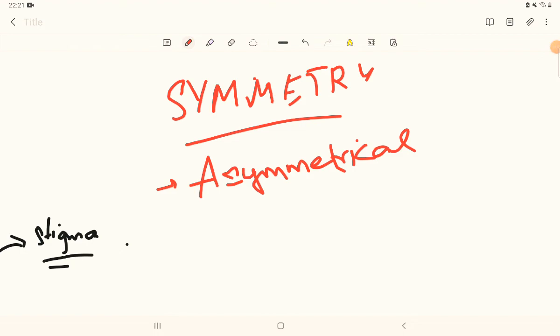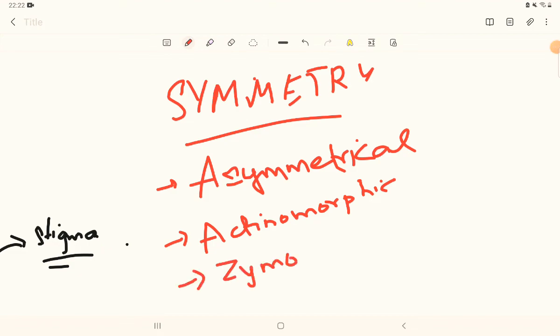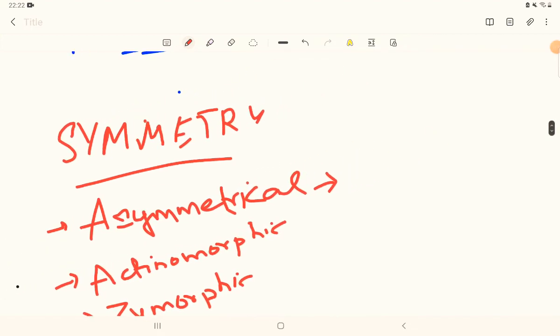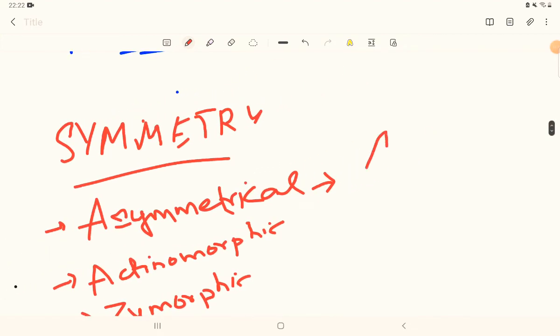Next is actinomorphic. Next is zygomorphic. There is no symmetry. Okay, a flower is like this.